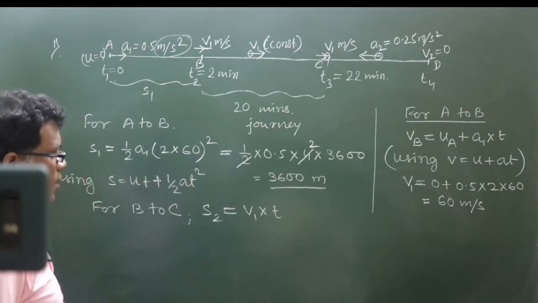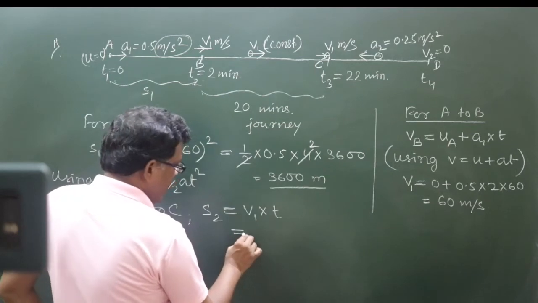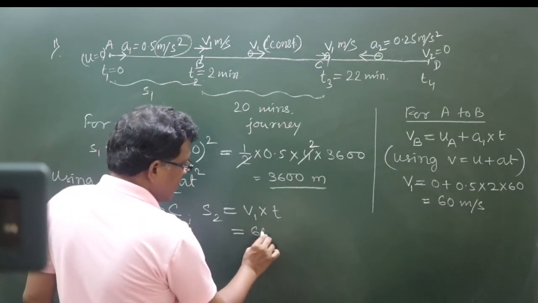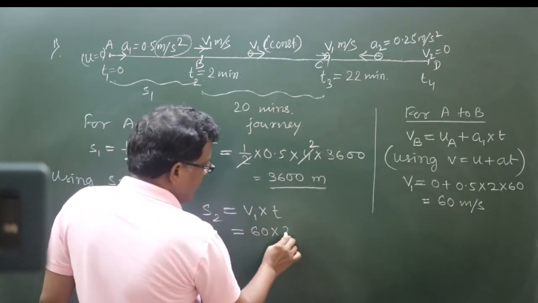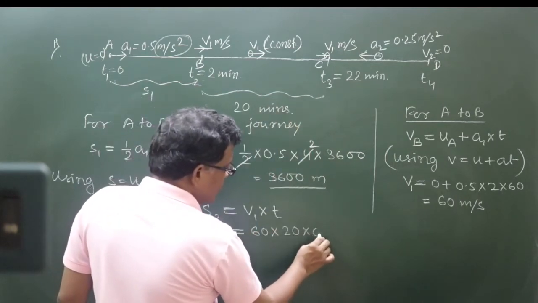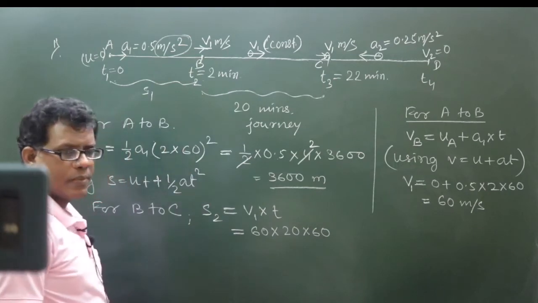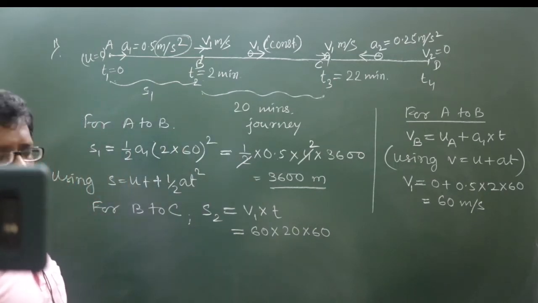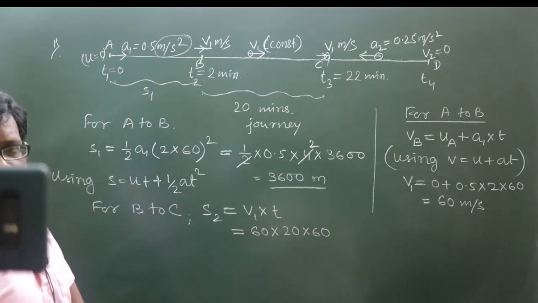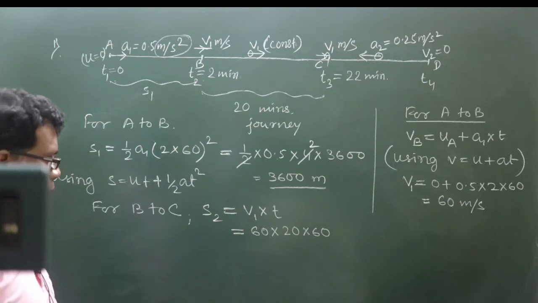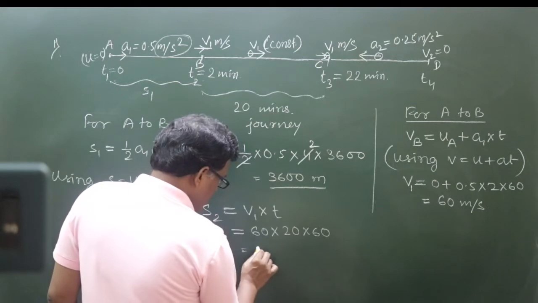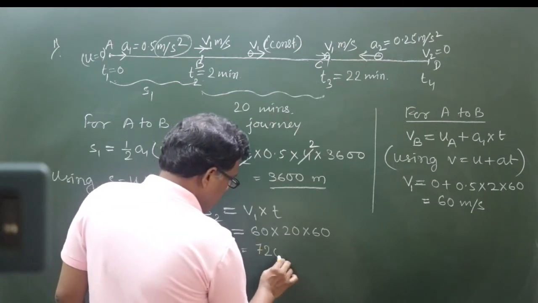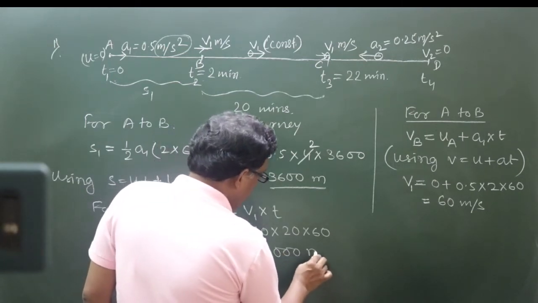2 minutes. So for the second displacement, B to C, it travels with that 60 meter per second during the next 20 minutes. So 20 into 60, this many seconds, okay. As the speed I am using is meter per second, that's why time should be taken in seconds.